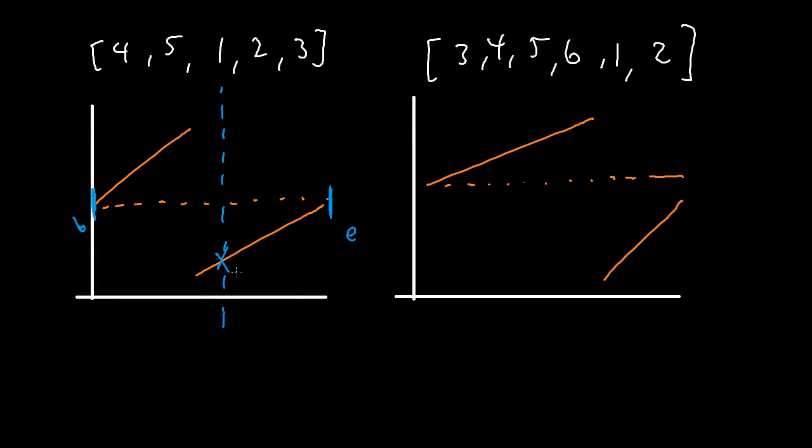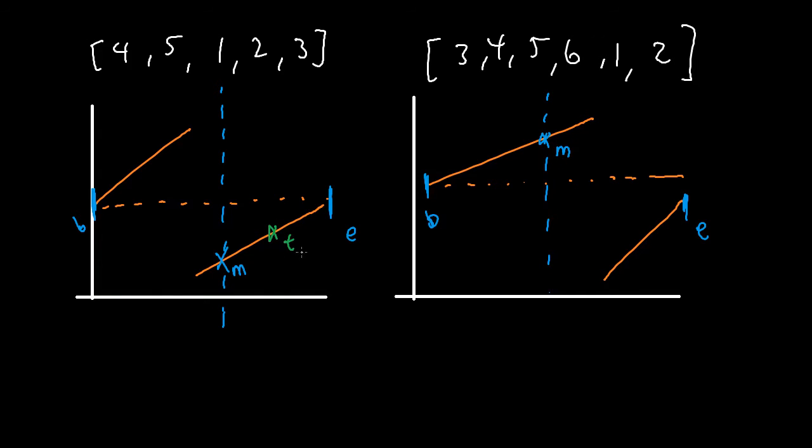So here is our middle. And then on this side, we have our beginning and our end, and here, when we probe the middle, we have this as our middle. Let's figure out some easy conditions to check. So let's see what happens if our target is here.